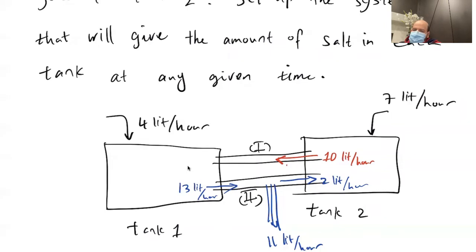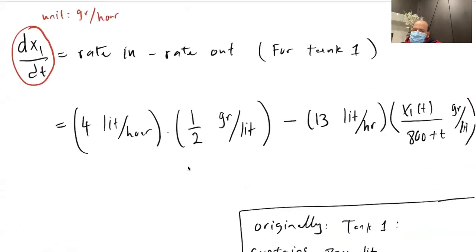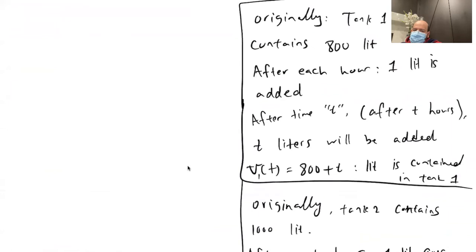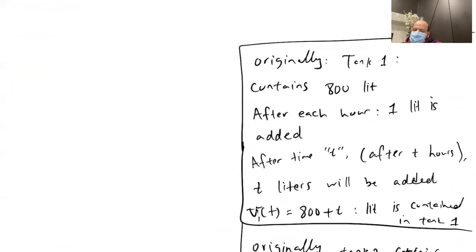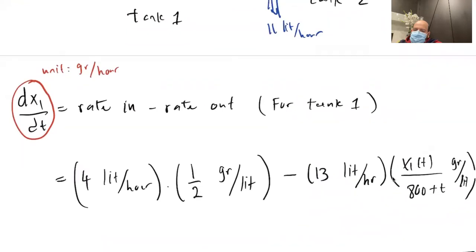It was 800 plus t. So the concentration will be x1 of t divided by 800 plus t.